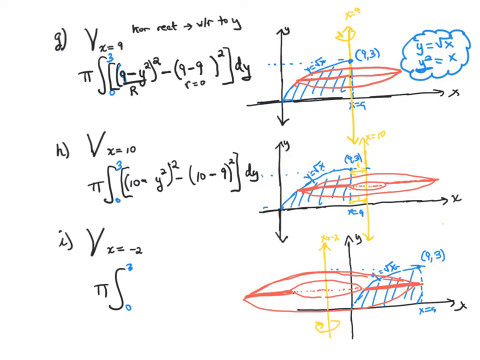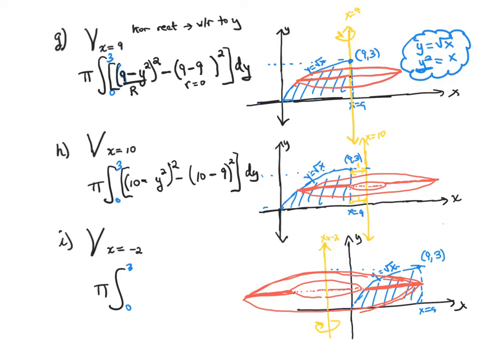Here, x equals -2 is to the left of the area of our shaded blue region. So notice the representative horizontal rectangle that's drawn, the washer, actually goes this way. And again, the inner radius of this washer is this distance.